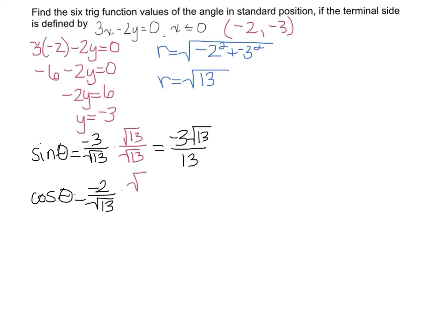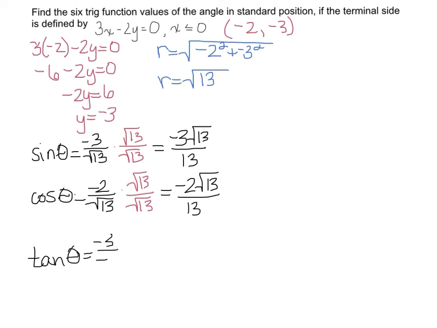Multiply by the square root of 13 in numerator and denominator. A negative over a negative is positive. This becomes 3/2.